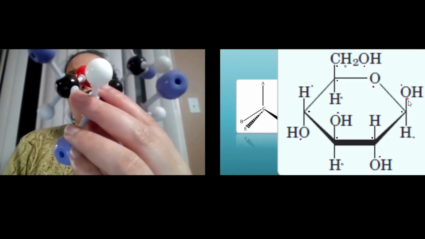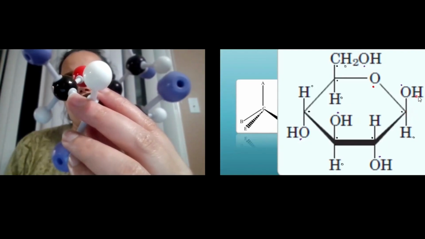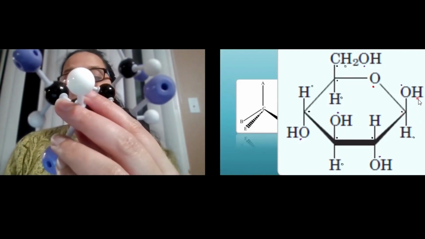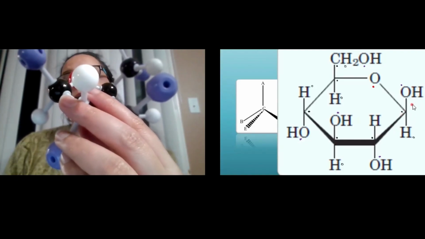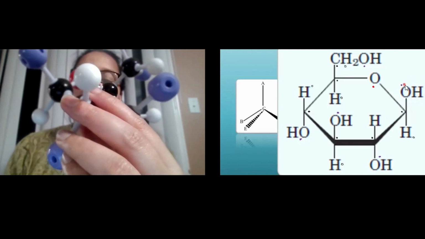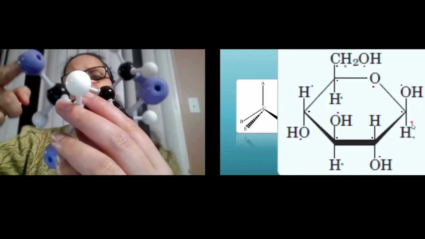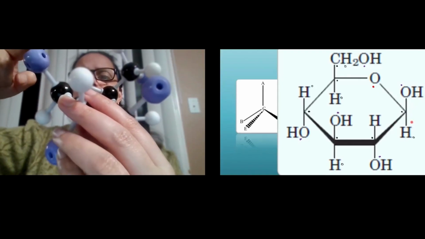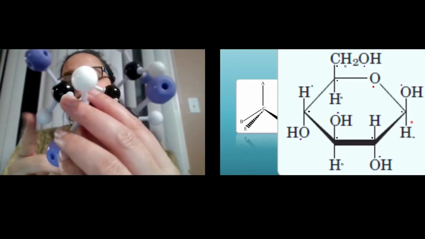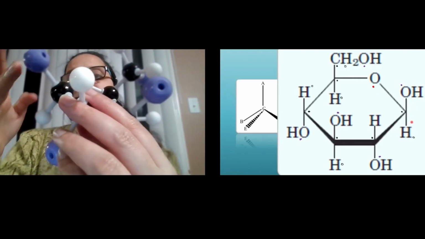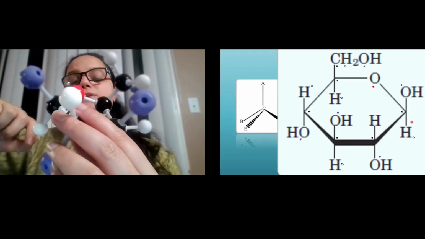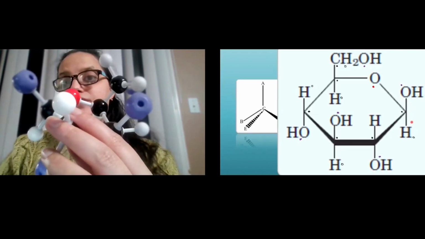For representation, it is complicated to draw and show it at an angle. But what about the groups facing upwards and downwards? Here you can notice that although it is at an angle, one of the groups is facing upwards and another is going downwards relative to each other. So if OH is up over here, it means it is the beta form of this molecule.